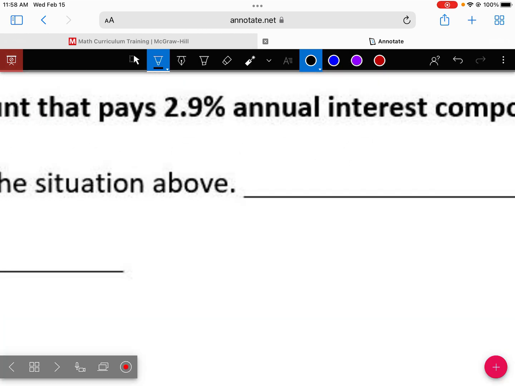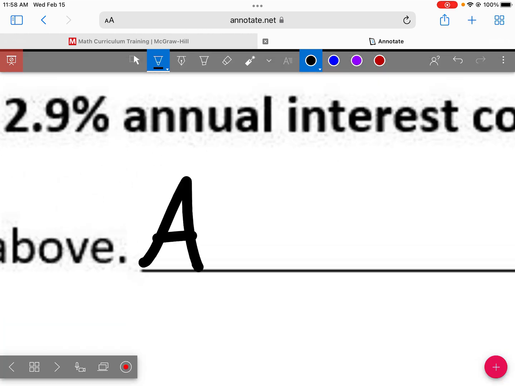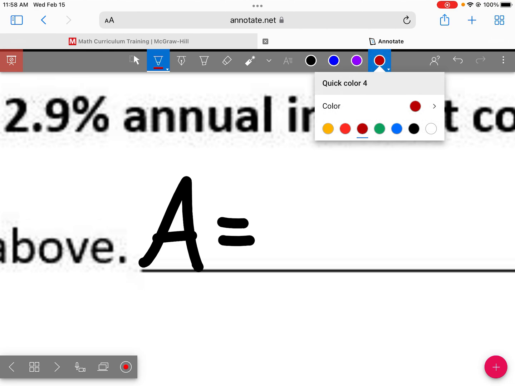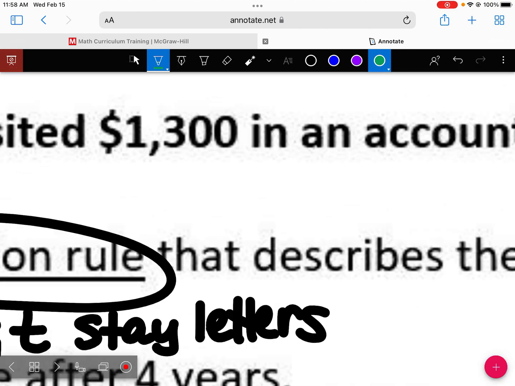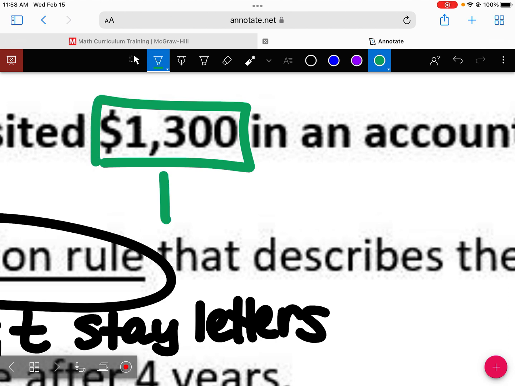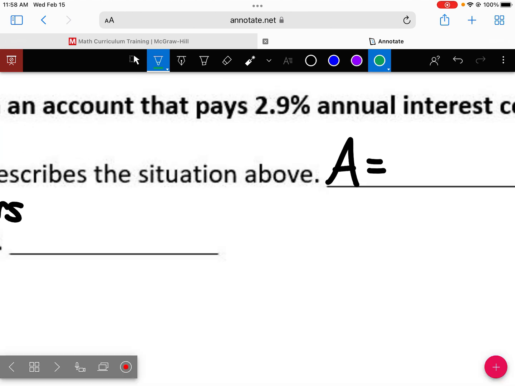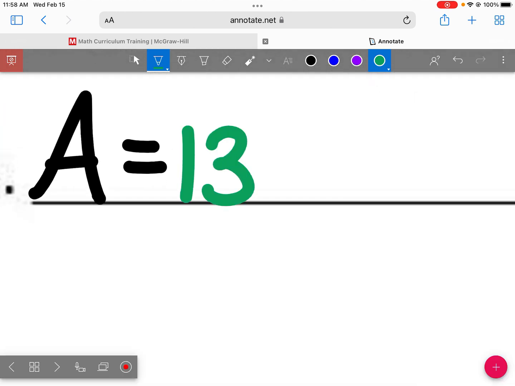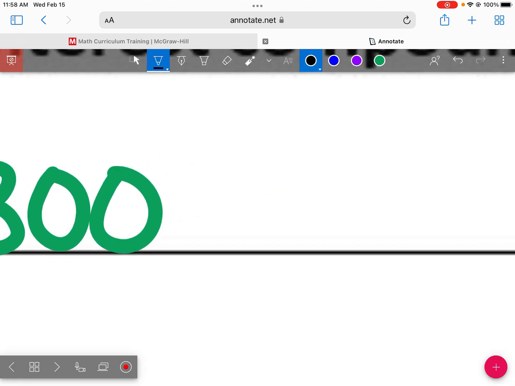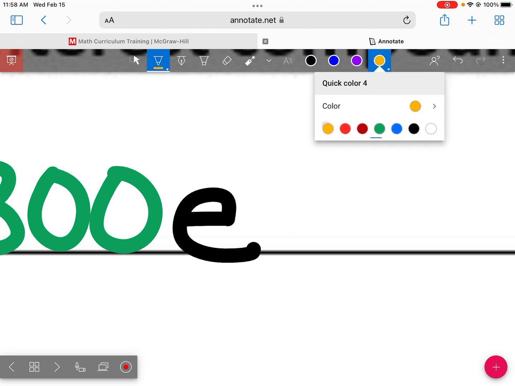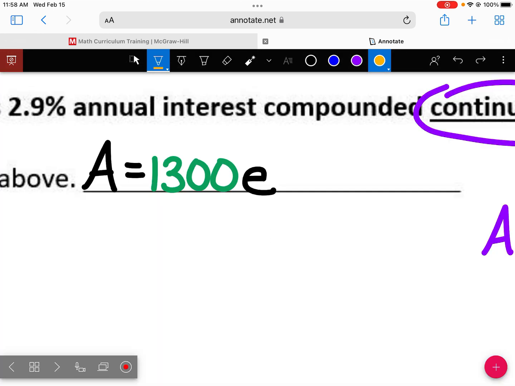All right, you guys were just like a step ahead of me there. So A equals what? 1,300. Here's P. What do I put after the 1,300? E. What do I put next? 0.029.